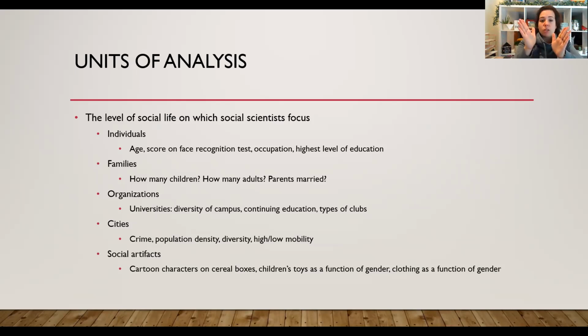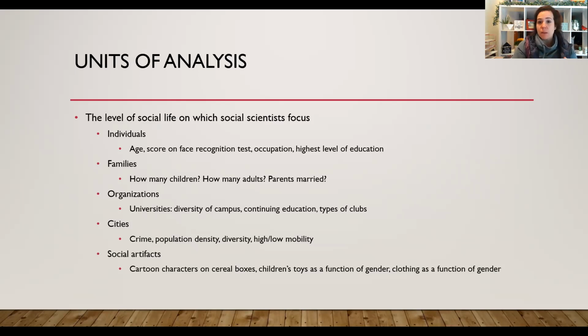So we're funneling out. Then we can talk about organization. So university: how diverse is it? Is it mostly continuing education? Is it undergrad, grad? What clubs are present? That's at the organization level. Then we go up to city. Again, we're funneling out. What's the crime rate in your city?